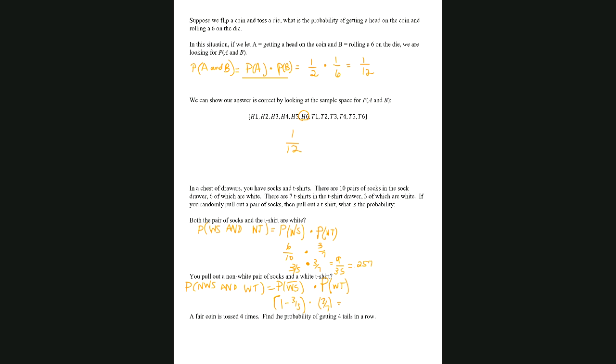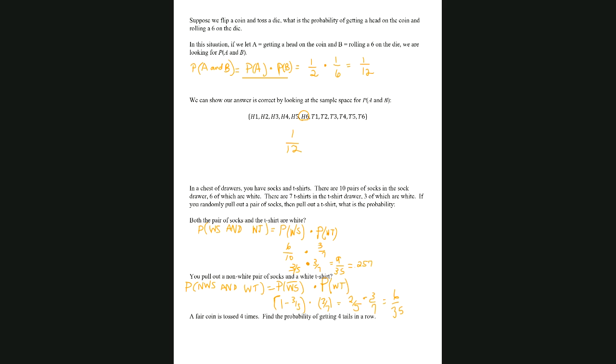Well, what is 1 minus 3/5? Since 5/5 is a whole, 1 minus 3/5 will be 2/5, right? So this is 2/5 times 3/7. So 2 times 3 is 6, and 5 times 7 is 35. So 6 out of 35.